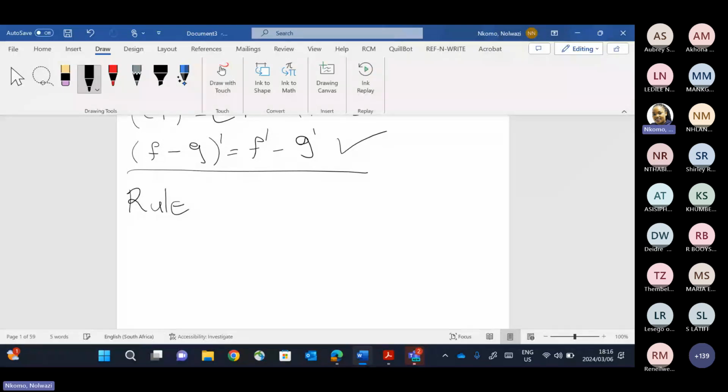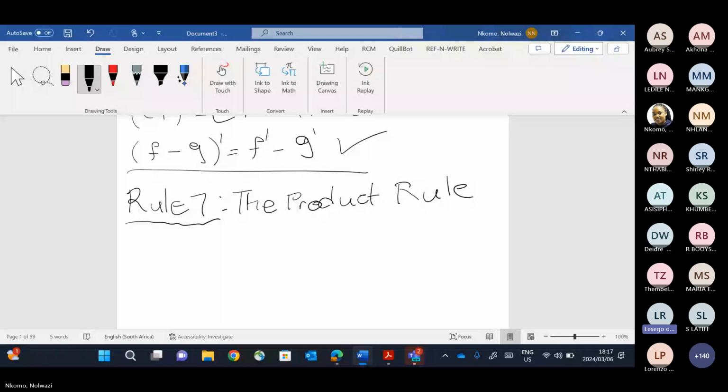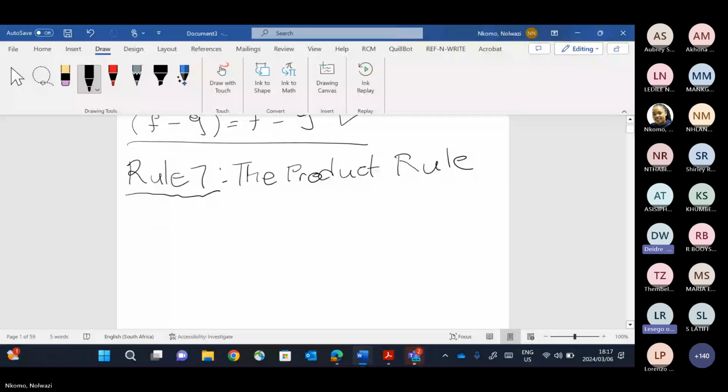Okay. Today we'll start from rule 7. It says if two functions, let's say f and g, are both differentiable, then the derivative of the product of those two functions will be as follows. Let's say we have the function f of x times g of x.